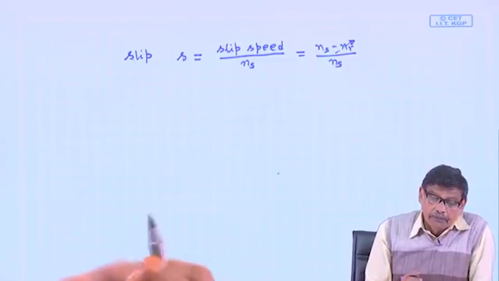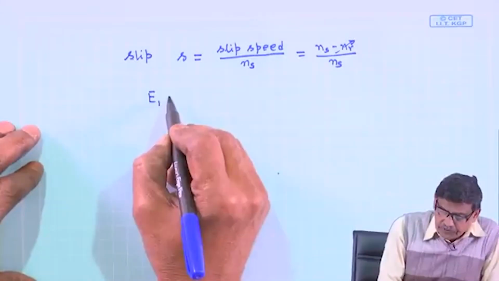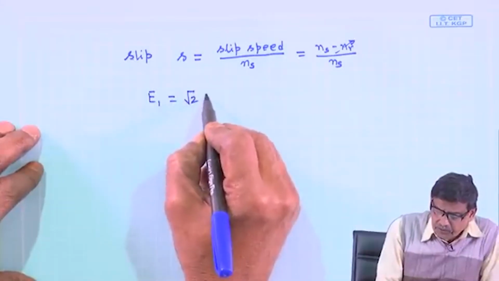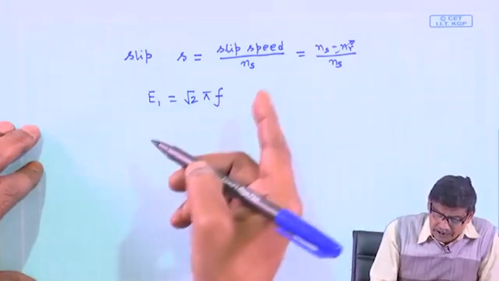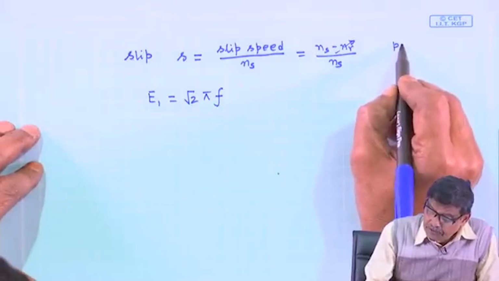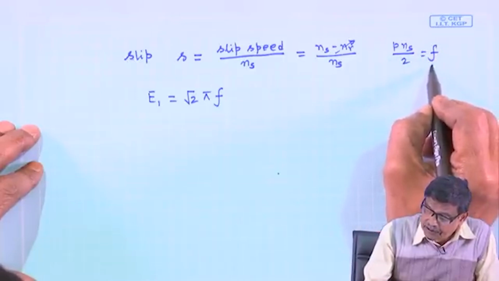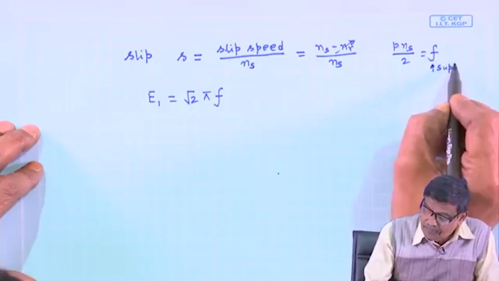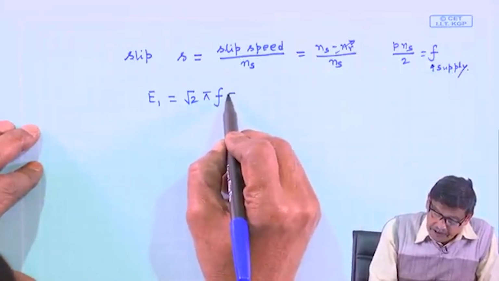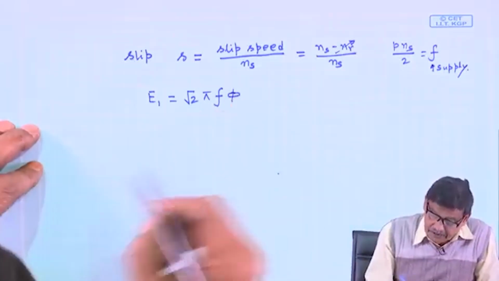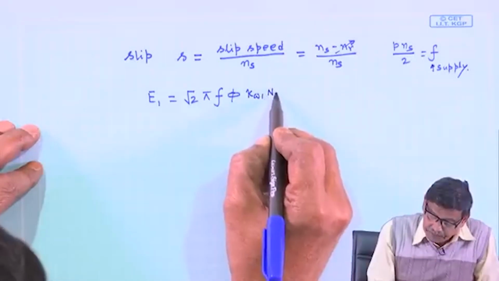For example, E1, of course, E1 does not change: root 2 pi, P ns by 2 is f, the supply frequency, so root 2 pi f, flux per pole due to net field into kw1 N1.